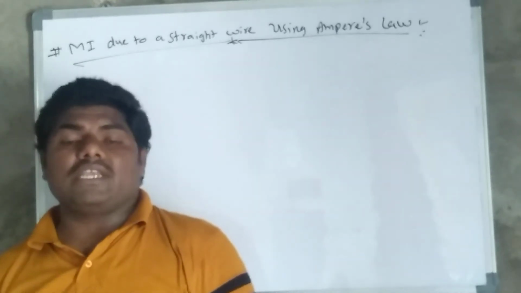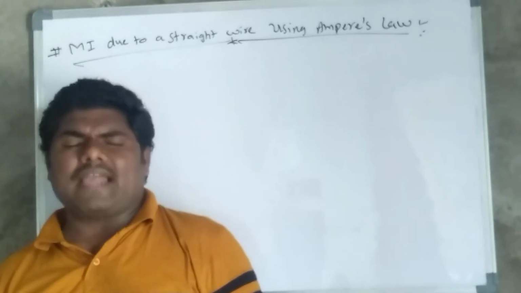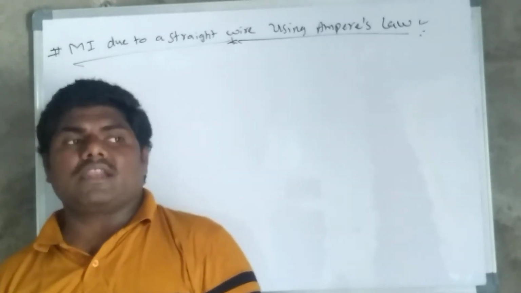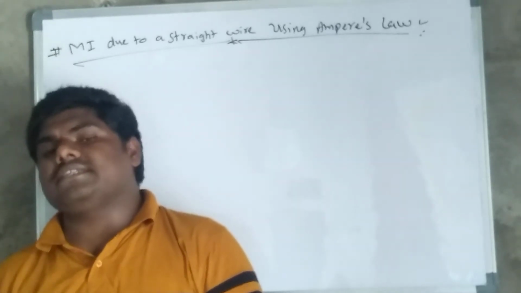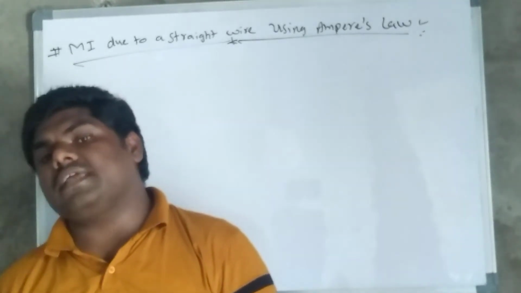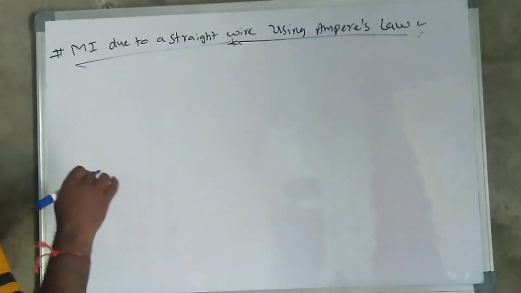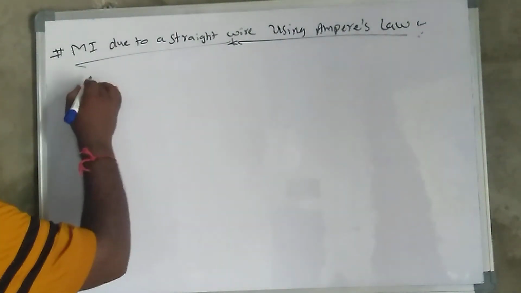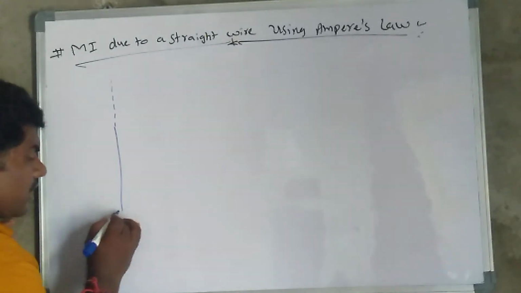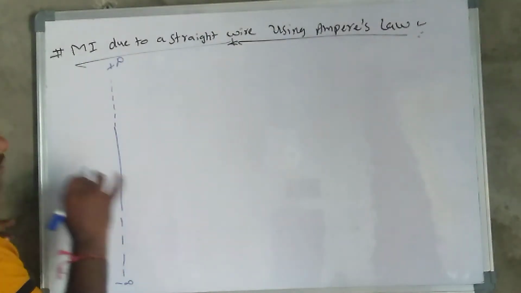Previously I said that for magnetic induction, Ampere's law is nothing but an easier calculation by symmetry of current distribution. So let us consider whether that condition is satisfied or not; we are going to discuss here. Let us consider this is negative infinity, this is positive infinity, this is a wire.